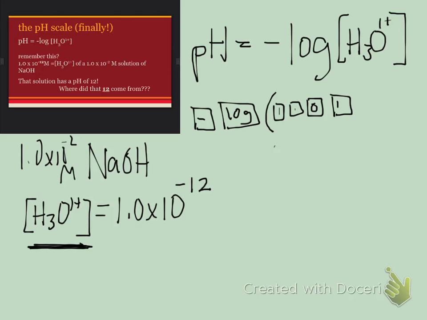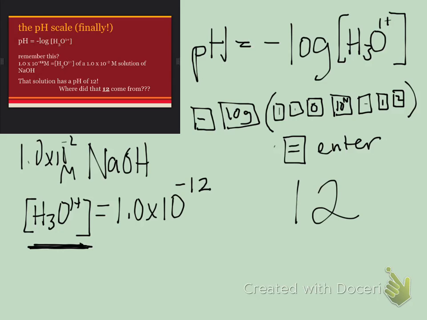There's a button that's 10 to the n, and then you would enter negative 12, and if you use the arrow, you can push it over, close your parentheses, and then hit your equal or your enter button. Okay? I guess on our calculators it's actually an enter button. Okay, what do you get?